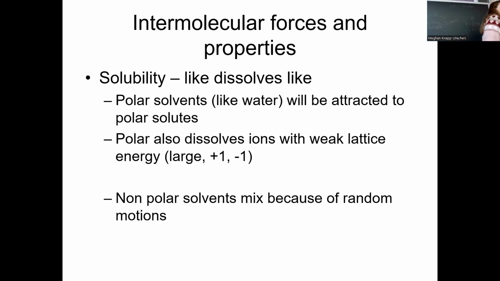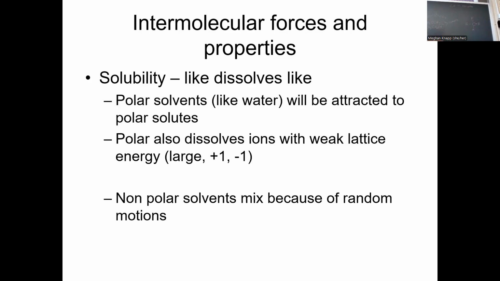And then we said that polar, especially things that are really strongly polar, like hydrogen bonding is a strongly polar interaction, is going to help dissolve our ions, especially if the ions have weak lattice energy. And the weak lattice energy, we said, was when the charge was low, +1, -1, and especially if they are large ions.